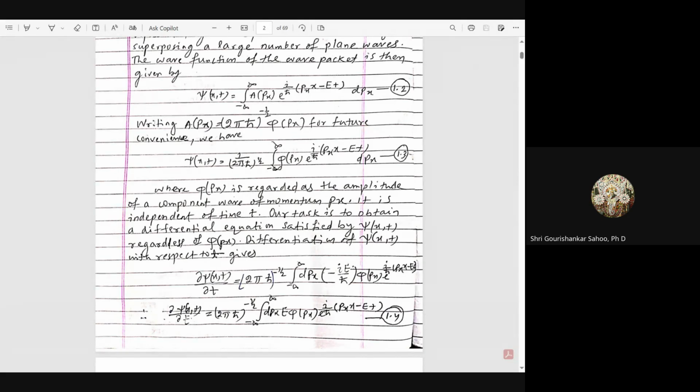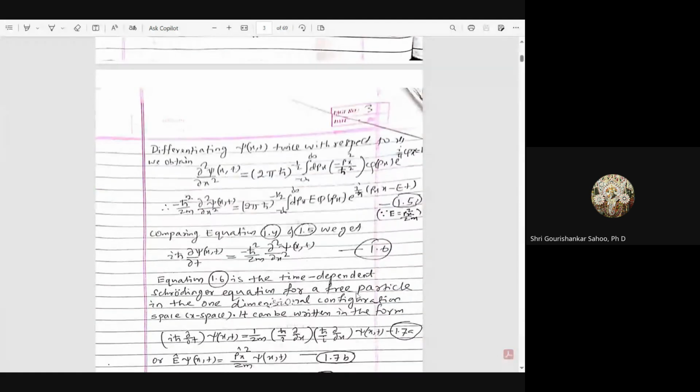So del psi by del t, if you evaluate, you will have (2 pi h cross) to the power minus half, integration from minus infinity to infinity dpx, minus i E by h cross, phi e to the power i by h cross (Px x minus E t). You simplify it, and del psi by del t is (2 pi h cross) to the power minus half integration dpx E phi, which is a function of px, e to the power i by h cross (Px x minus E t). This is differentiation with respect to t.